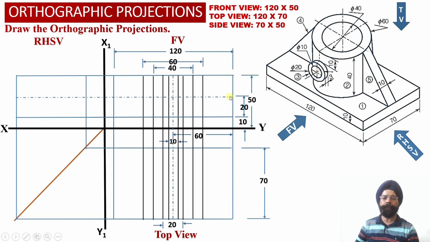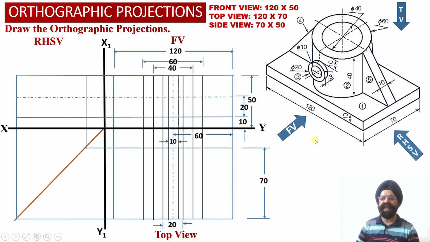Now here we have obtained a horizontal center projector line into the front view orthographic projections, and we have extended this center projector line into the right hand side view orthographic projections over here.